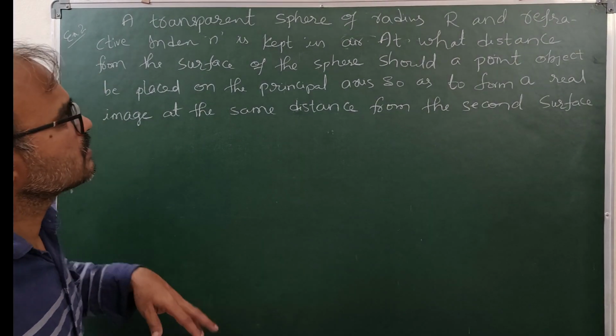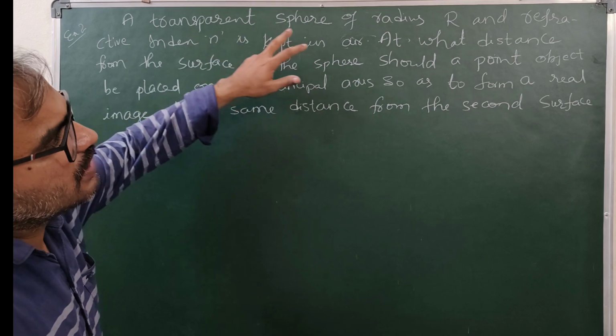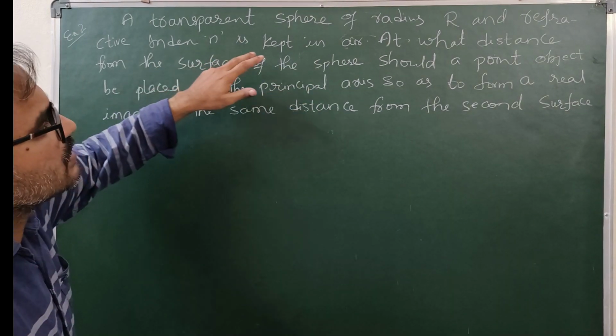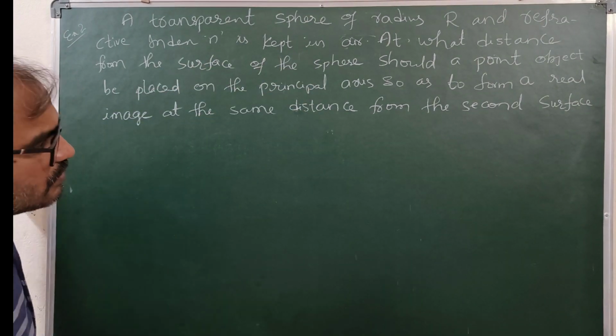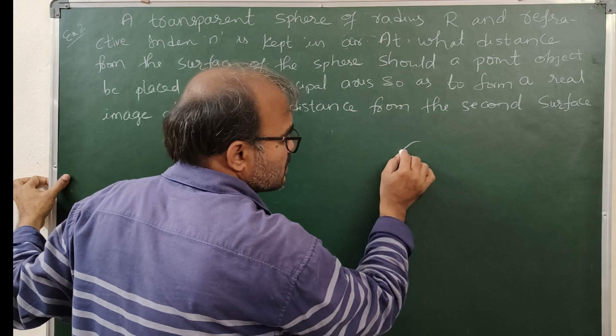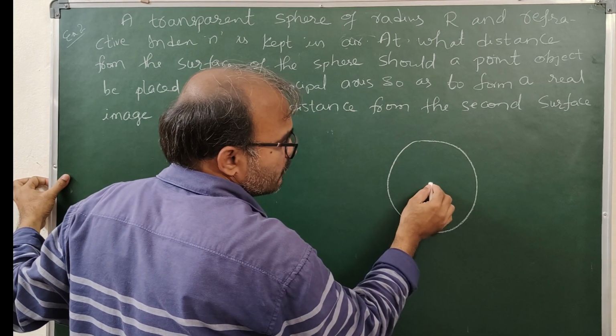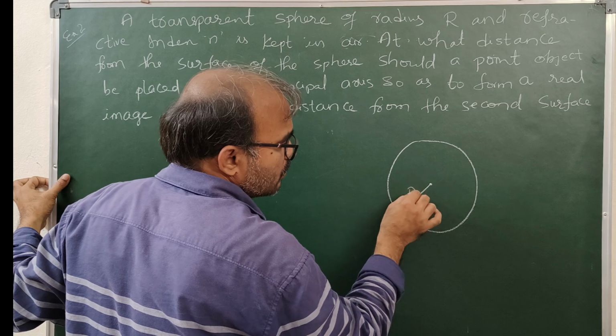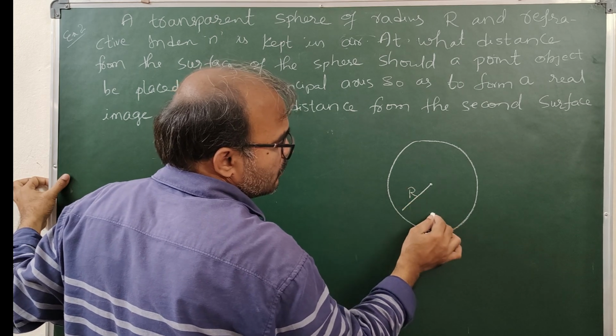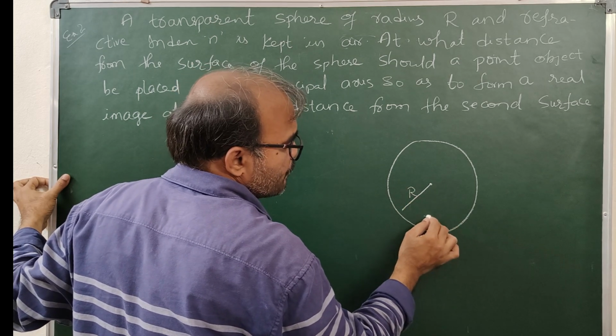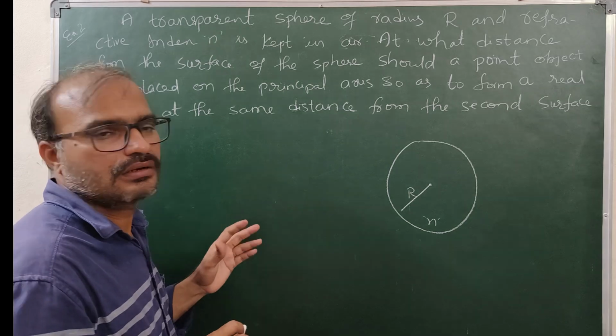Here the question says a transparent sphere of radius r and refractive index n is kept in it, right? So what they are saying, there is a transparent sphere of radius r and whose refractive index is n, right?